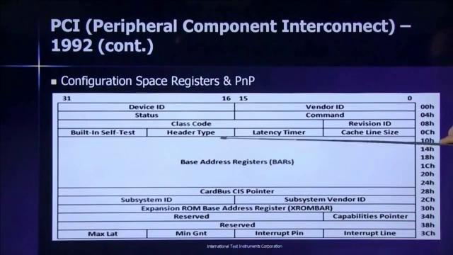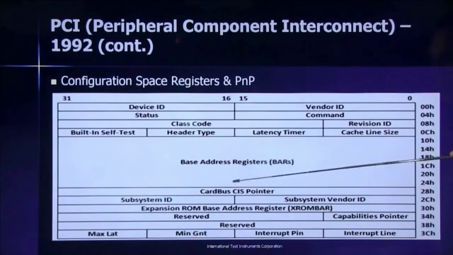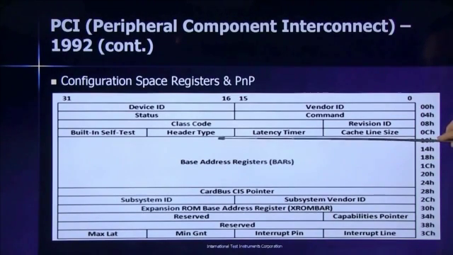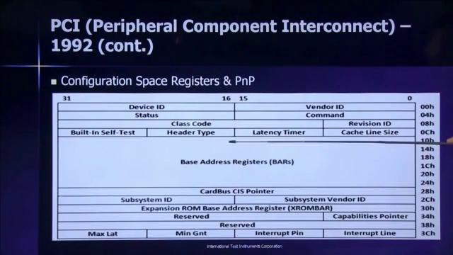So the operating system goes and reads the size of it and determines a location within the overall memory space of the system, and then writes the base of that address, and that's why it's called base address registers, the base of the start of that range within the system memory, writes it in those registers, and therefore later the operating system and device drivers will be able to learn what register addresses to write and read to access functionality within the device.